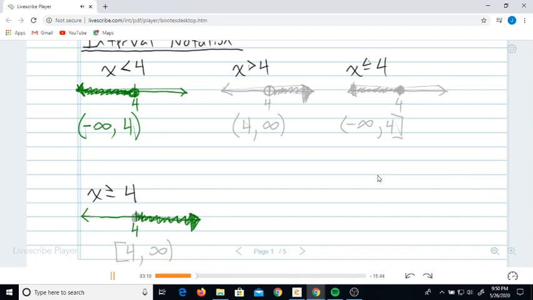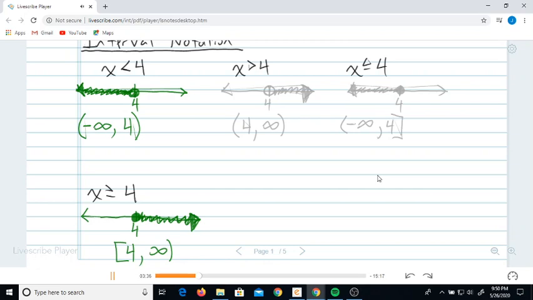Here we'd have a closed dot, because a closed dot means we include 4. 4 satisfies the statement: 4 is indeed greater than or equal to 4. Writing this in interval notation, reading from left to right, we have bracket 4 to infinity. The bracket means the value is included. Parentheses means that value is not included.